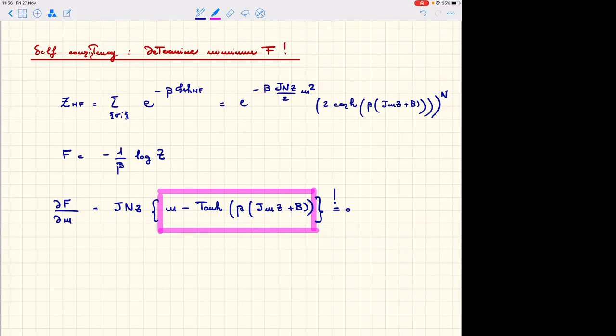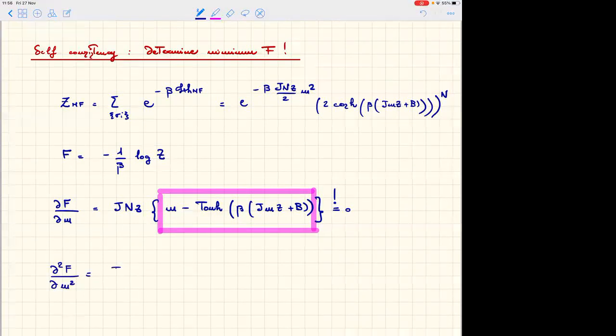But once you find a solution to this equation, you don't know whether it's a minimum or a maximum. And the only states that are relevant thermodynamically are minima. Therefore, you have to compute the second derivative as well, d squared F over dm squared.